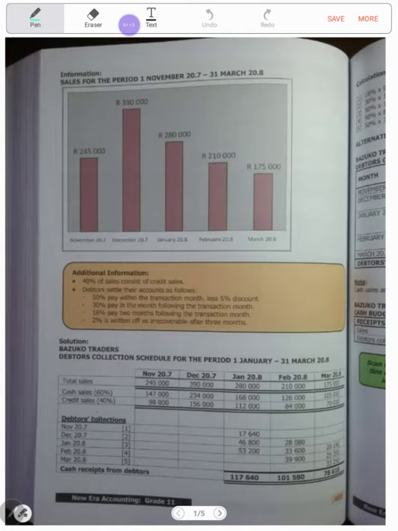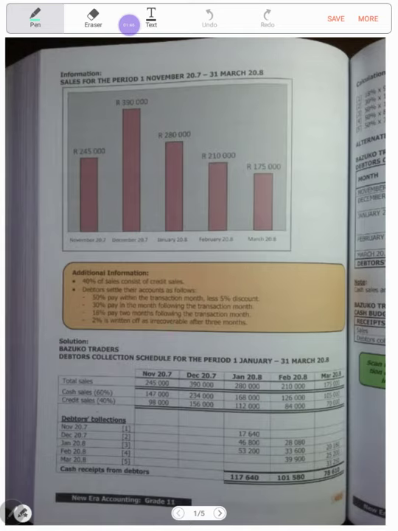All right, so let's go through this. So they've given us the information, the sales for the period the 1st of November 20.7 to the 31st of March 20.8. In November, we had total sales of 245,000, December 390, January 280, 210 in Feb, and then in March 175.